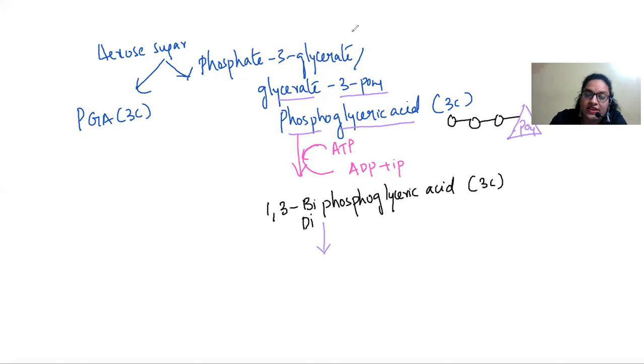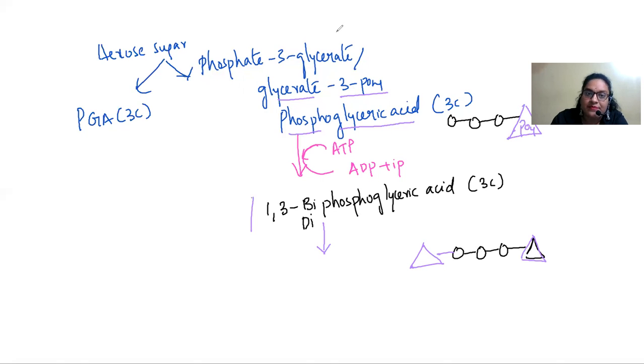One is already present towards the third carbon, but now the other is being fixed to the first carbon atom. So we call this 1,3-bisphosphoglyceric acid, or BPGA, having two phosphates on either side.